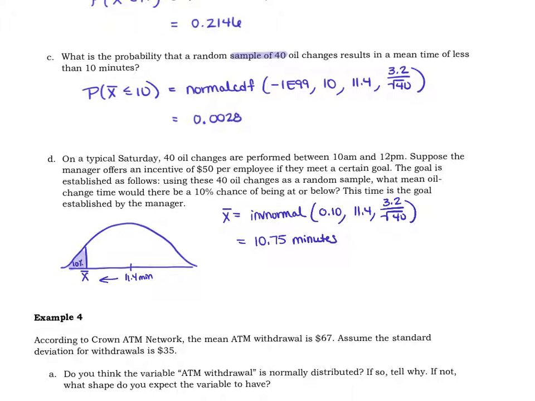Or if you're going to go in terms of minutes and seconds, 0.75 minutes, 3/4 of a minute, would be 45 seconds. Okay, so 10 minutes and 45 seconds would be the goal. They need to be faster than that on average for 40 oil changes in order for an employee to get that bonus.